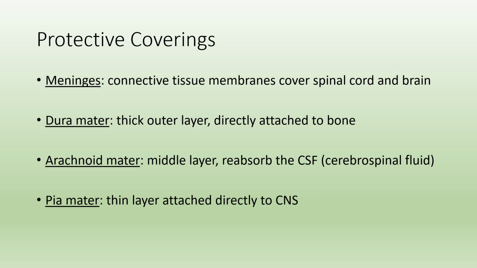They're helping to provide additional protection. They are 3 layers thick. The outermost layer is known as the dura mater. It is directly attached to the bone. So for the spinal cord, it's directly going to be attached to the vertebrae, and in the brain, it's going to be attached to the inner surface of your cranial bones.